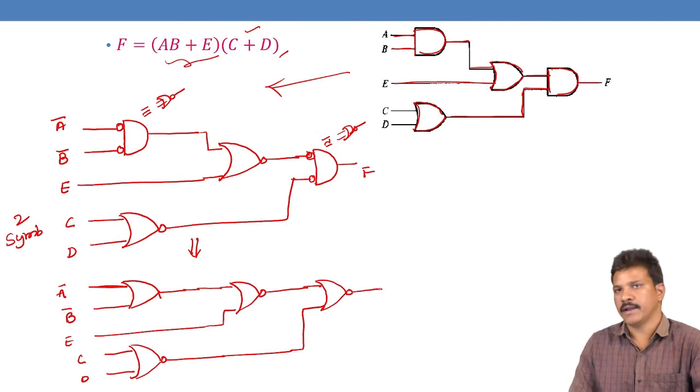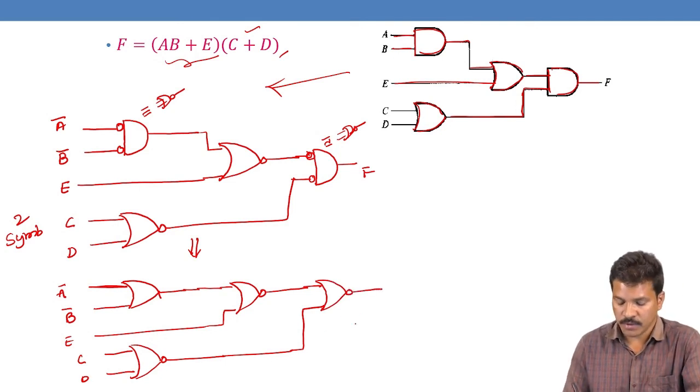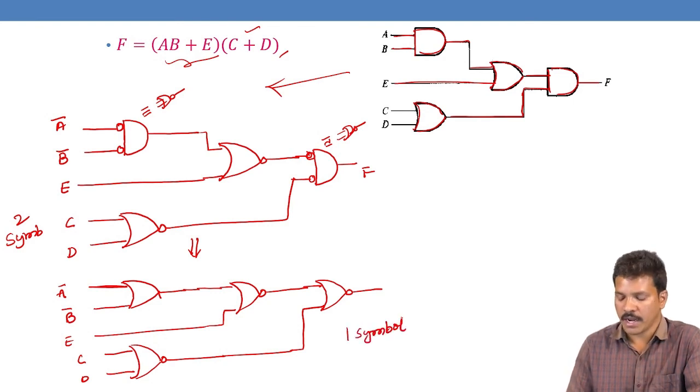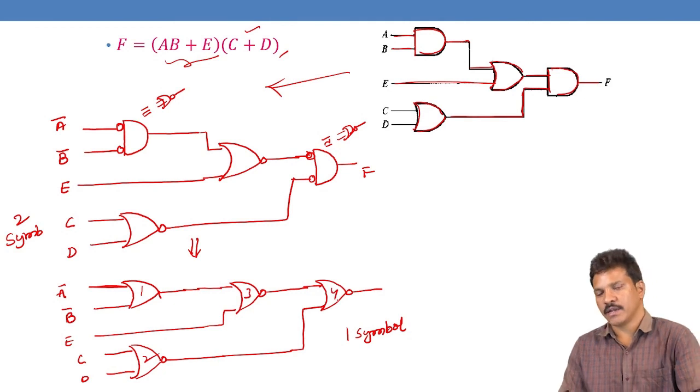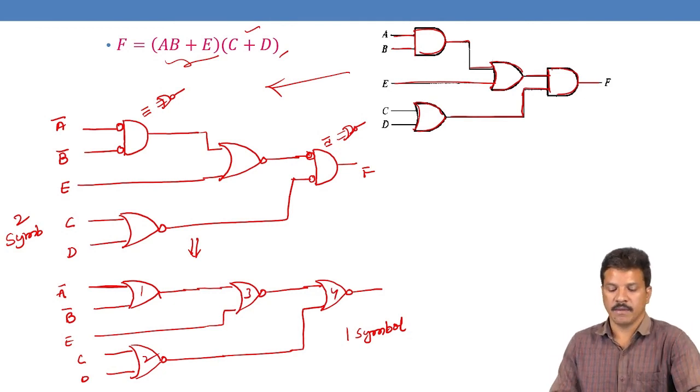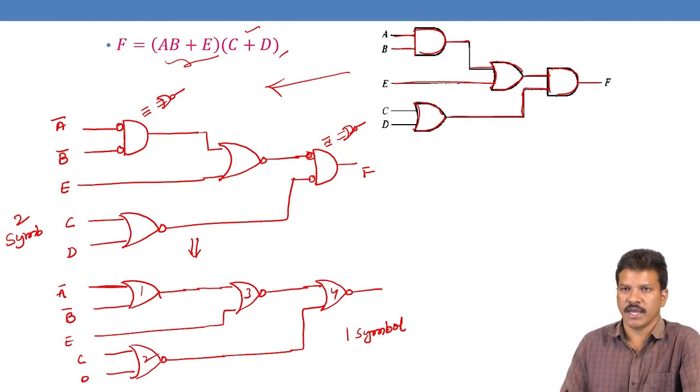So the entire diagram becomes a single symbol, which is nothing but an OR with bubble. So 1, 2, 3, 4 NOR gates are required to implement AB plus E times C plus D. So the entire thing we can implement with NOR gates.